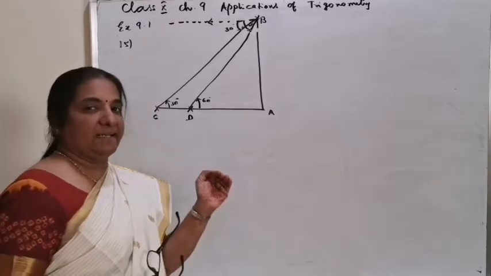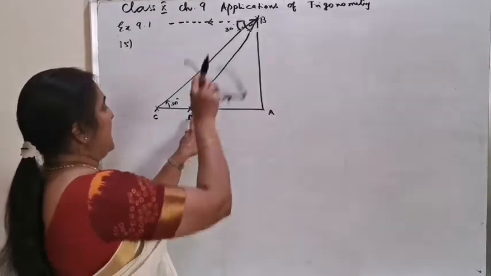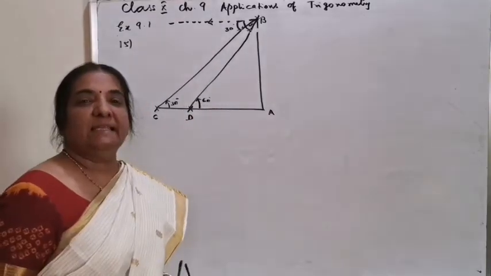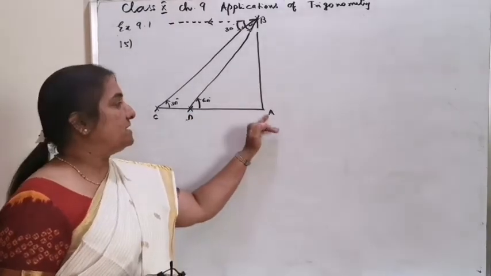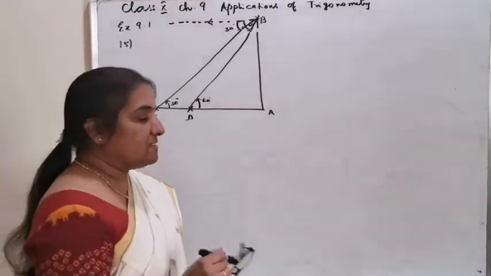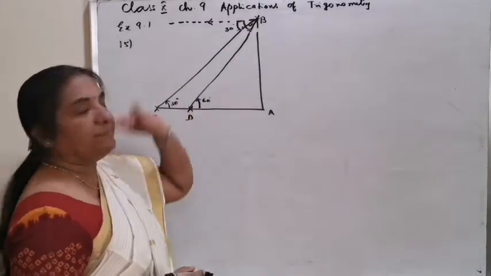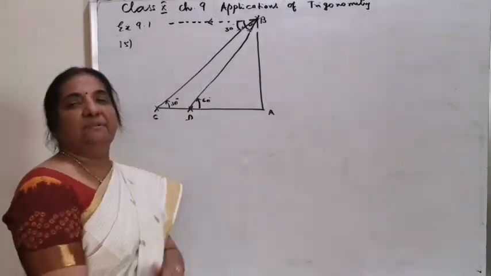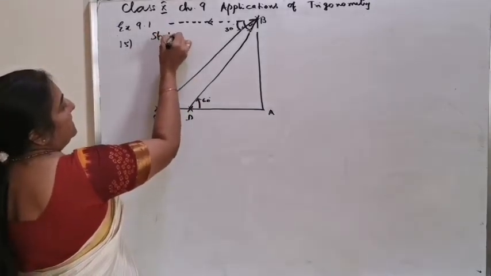After 6 seconds, the car was in the position D. Then the angle of depression has changed to 60 degree. Find the time taken by the car to reach the foot of the tower. This question will be asked as such. That means the concept has to be the same, only there will be number change. So you can study the pattern as such.